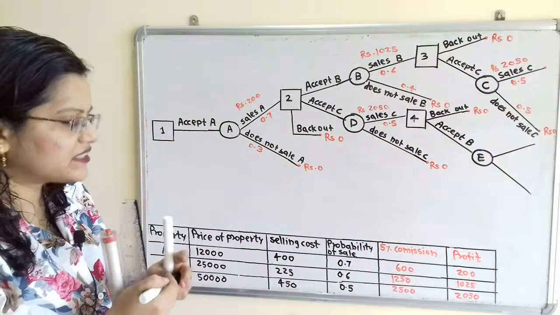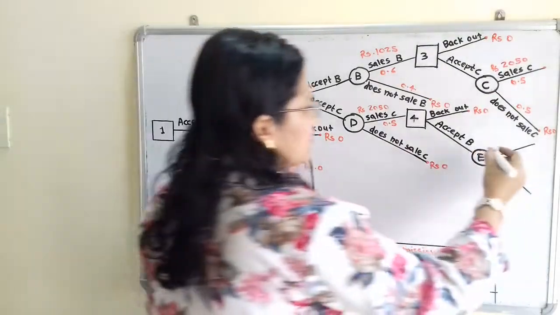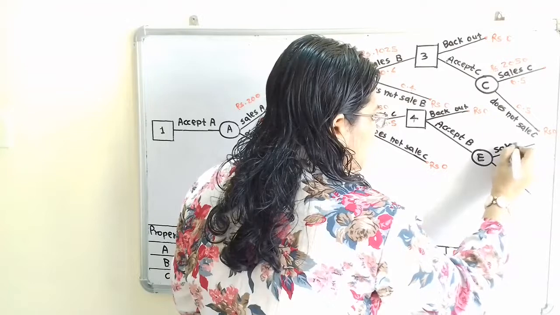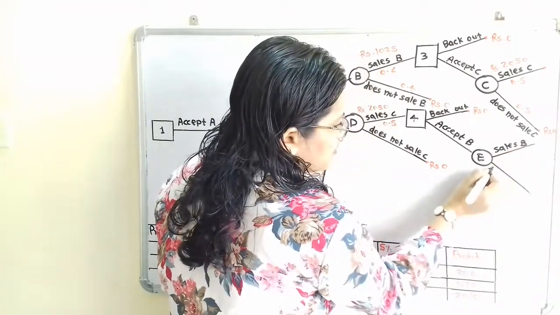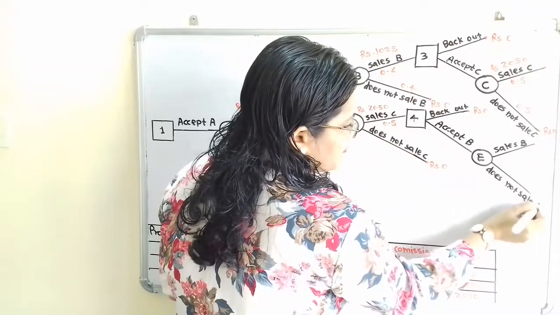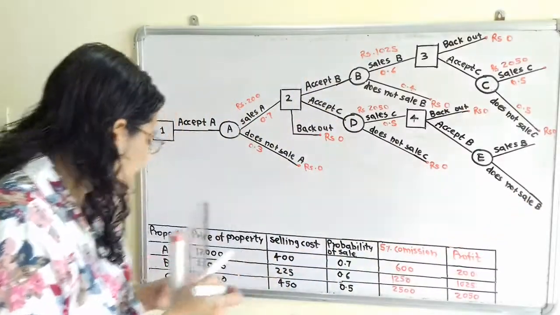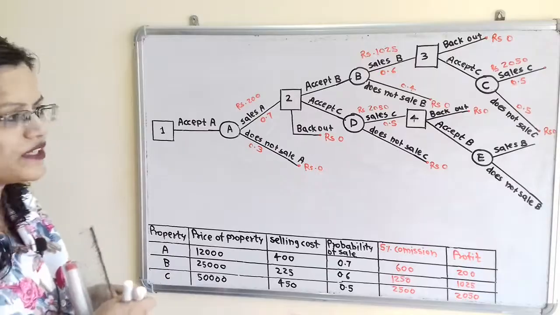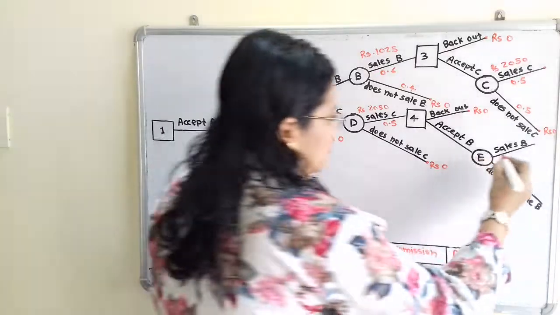If he accepts B, the first chance is sells B and the second chance is does not sell B. The probability of selling B is 0.6, so we have to mention it here.